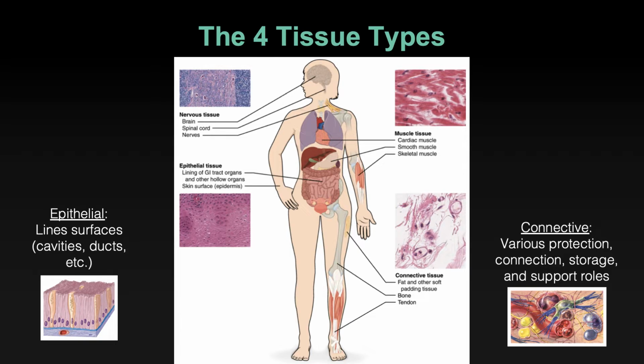Connective tissue looks a lot less ordered than epithelium, as you can see here on the bottom right. We'll talk about some differences coming up in a few slides. Cartilage is a connective tissue. The compact bone or some of the tissue making up synovial surfaces are connective tissue.